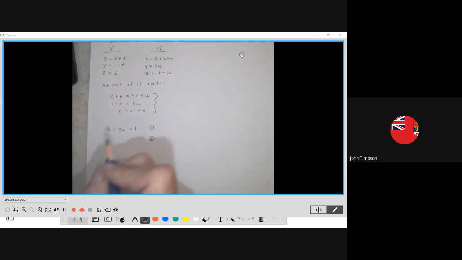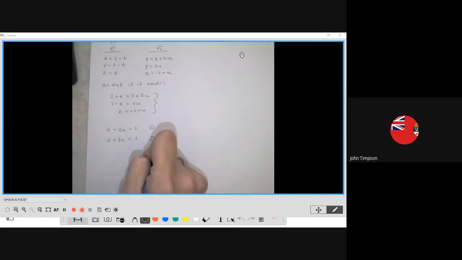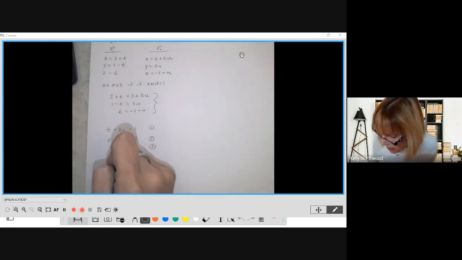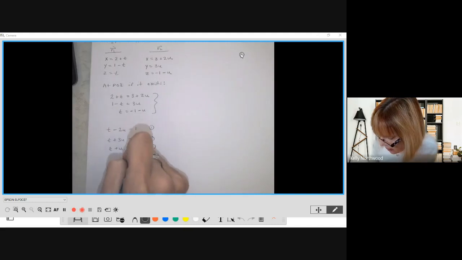Would t plus 3u equal 1 work? Yes, good. That kind of looks weird having the t minus 2u equal 1 and t plus 3u equal 1. It does, doesn't it? So we might be thinking we might get skew lines here, but good observation. And then the last one, I would have t plus u equals -1.